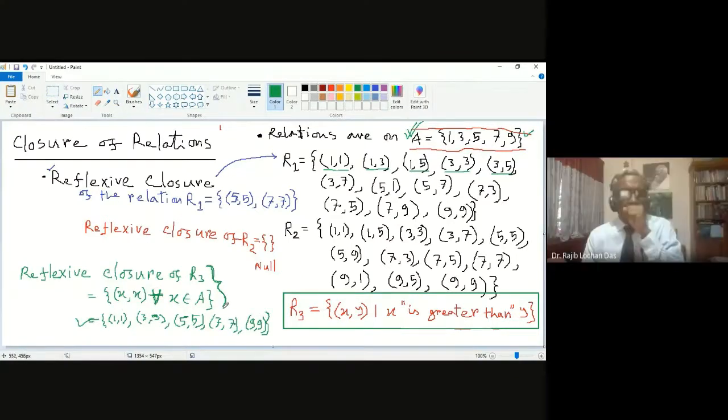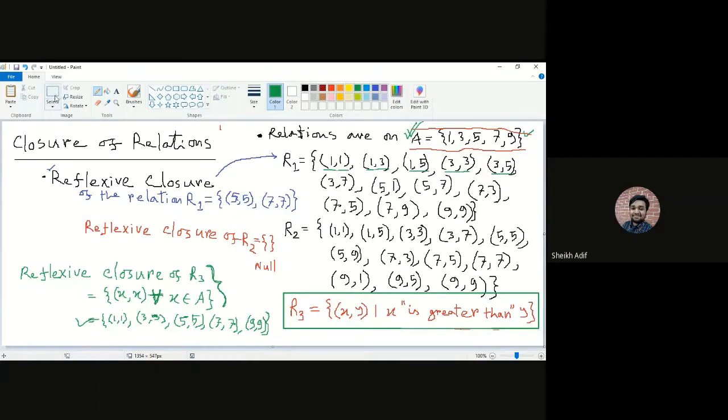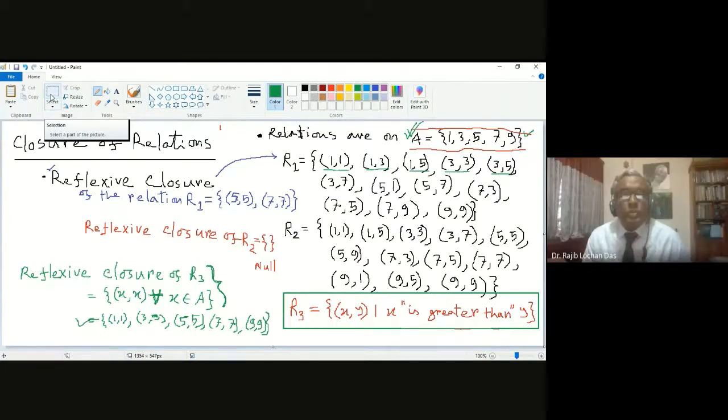Sir, when finding the closure, we don't need to depend on the condition given, do we? No. Whether the condition is given or not, you need to consider what relation is given.